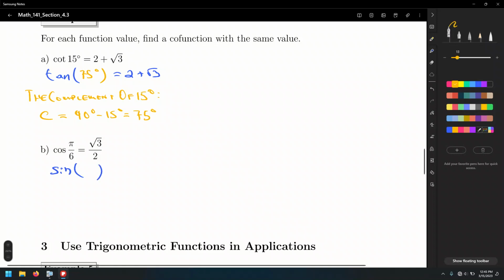Now, we need to figure out the angle inside the parentheses. I'm going to go the same way we did over here, with the complement. The complement of pi over 6, let me call it C, is obtained by subtracting this angle from 90 degrees. But check this out: we don't have this in degrees, this time we have it in radians, and 90 degrees in radians is the same as pi over 2.